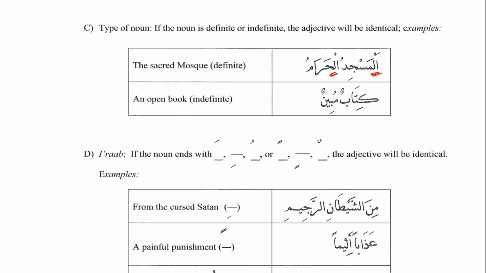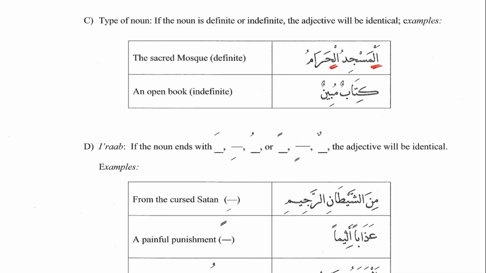So they are both definite. The next example, kitabum mubinun. So kitabum is what? It's indefinite, because like we explained earlier, the dhamma tanween is the alamat of an indefinite noun, indefinite ism. So that's why kitabum mubinun.